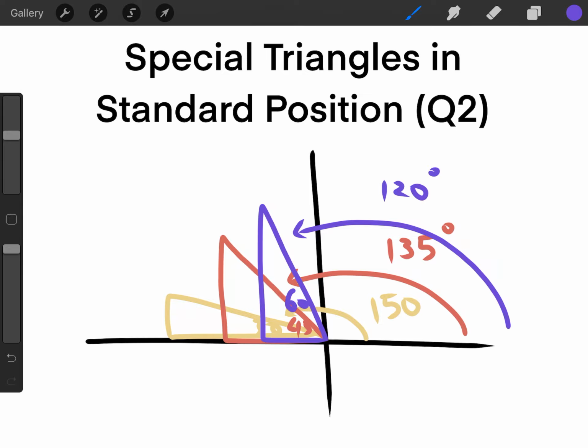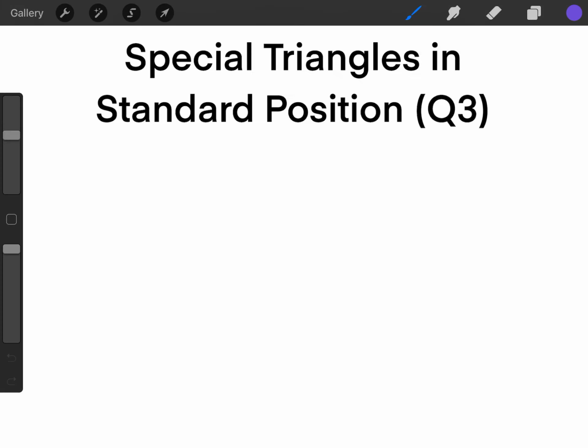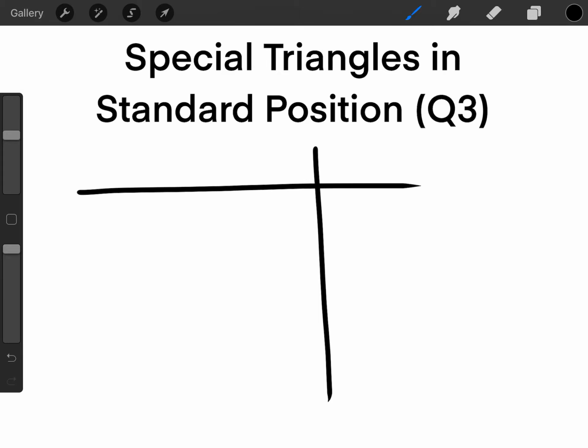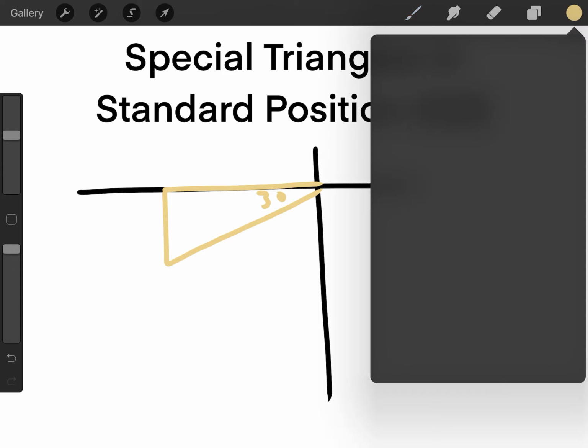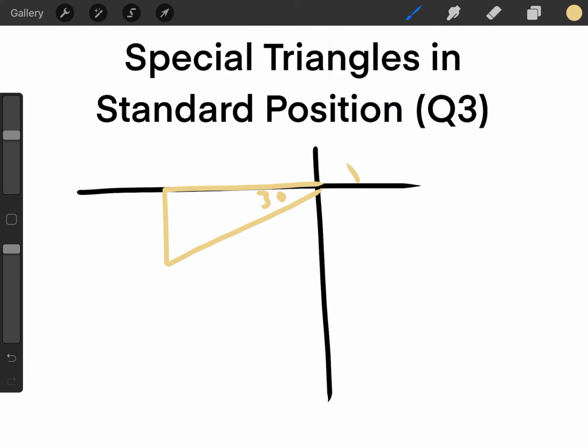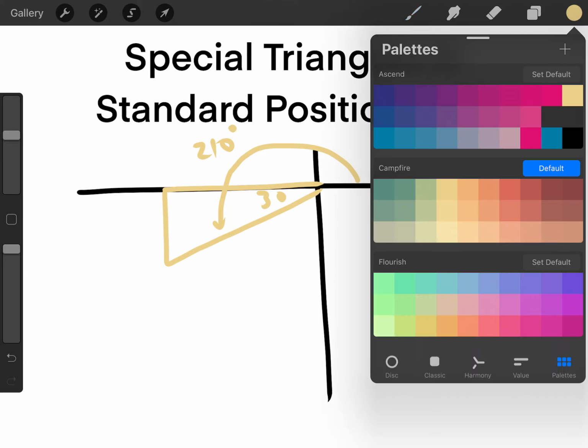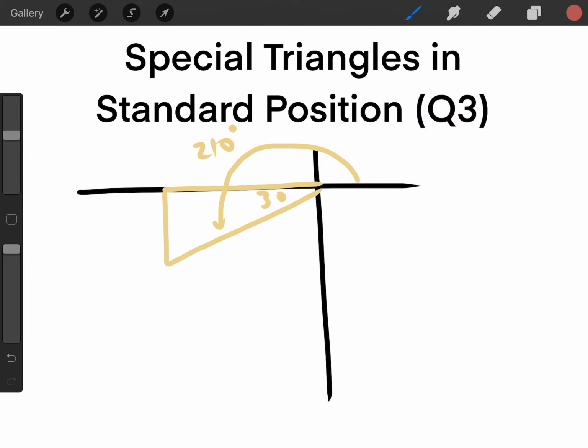If you have a 45, 45, 90, that has to be 135 degrees. If it's a 60-degree reference angle, this is 120 degrees in standard position. This is all strictly in quadrant 2.